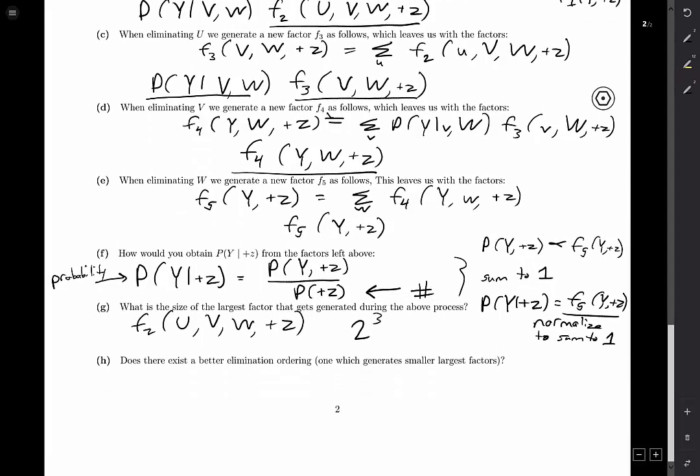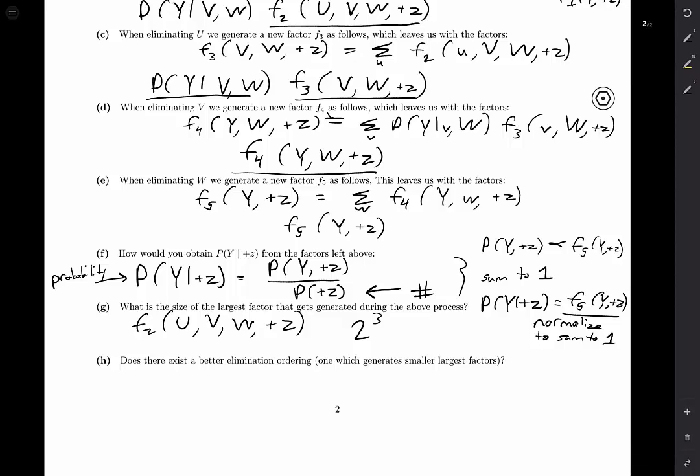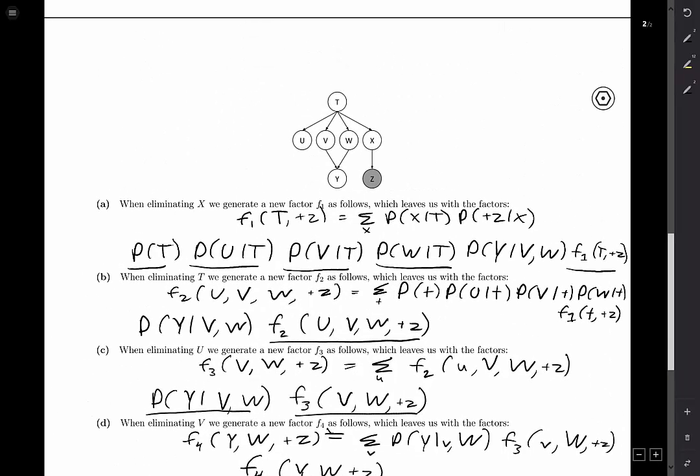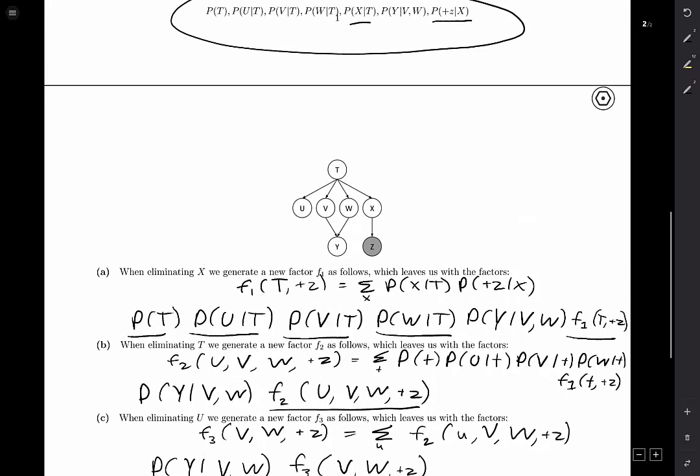So now for question H, does there exist a better elimination ordering, one which generates smaller factors? So let's take a look at our graph right here. I'm going to give one example of an ordering that generates smaller size factors, but in general there could actually be multiple orderings.